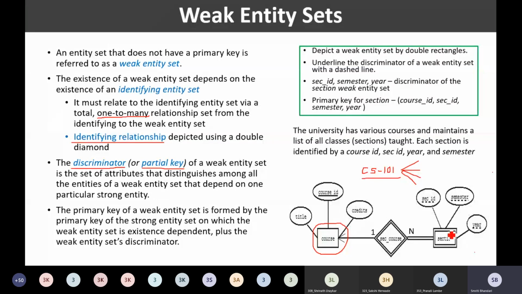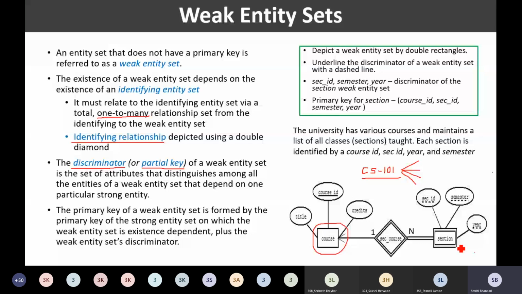Okay. So see here, as I mentioned, our weak entity set does not have its own primary key. But if we want to create a primary key for the weak entity set, how are we going to form it? The primary key of a weak entity set is the combination of the primary key of the identifying entity set and the partial key of the weak entity set.